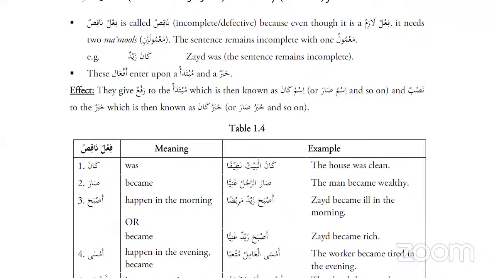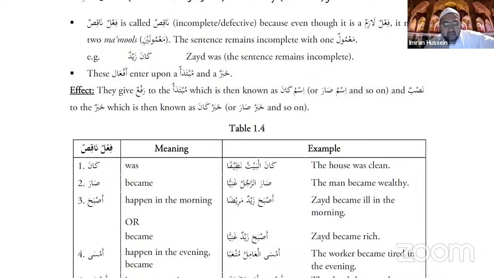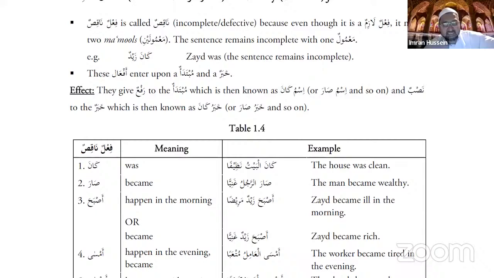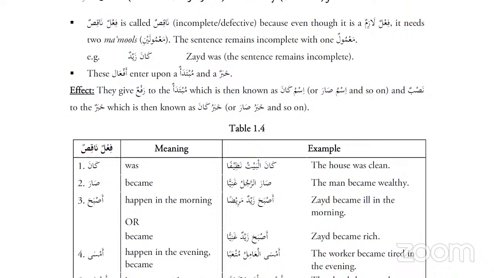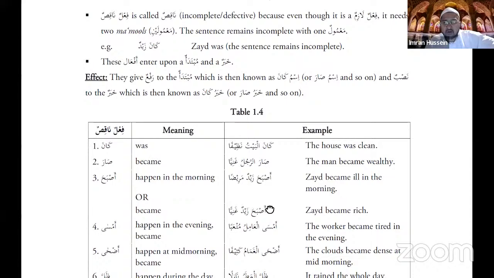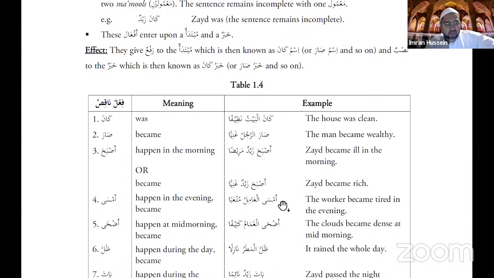But mansub can be either fatha or fatha tanween, depending on if it's definite or indefinite. And kasra can be kasra or kasra tanween, and that is majroor. Majroor. Because we don't know Urdu also, it becomes very difficult. No, no, this is Arabic. This does not use Urdu at all.